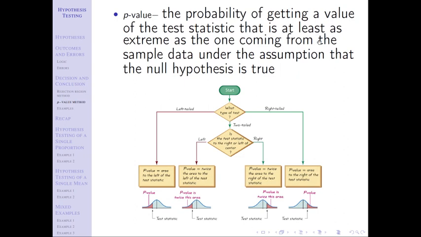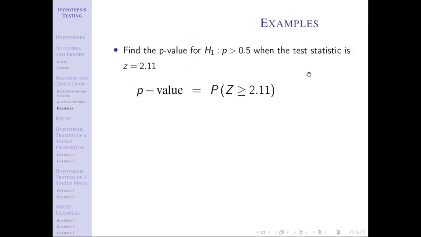Okay, and at least as extreme implies that it could be equal to that as well. Now we know that because the z distribution is continuous, when I work the problem, the or equal to doesn't matter. It's not going to affect any of my work. However, technically speaking, the p-value needs to have the or equal to in it. Okay, so it's kind of a weird quirk.